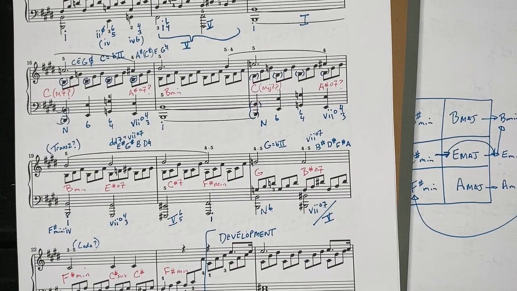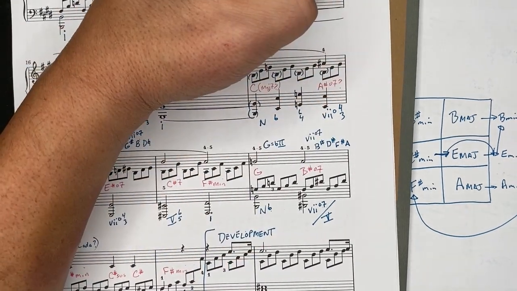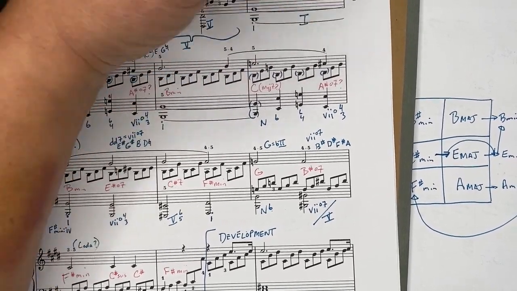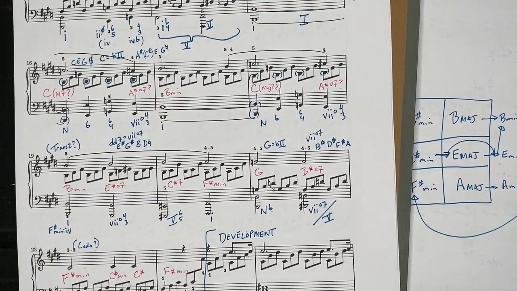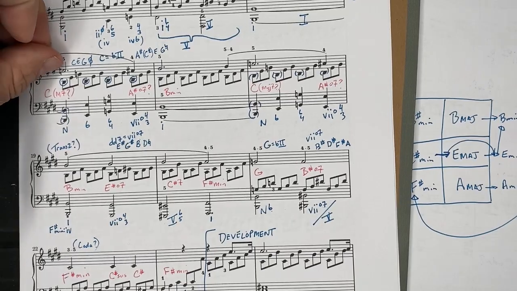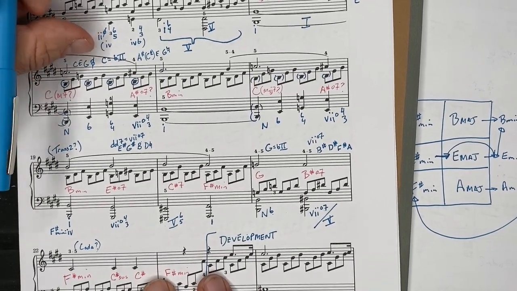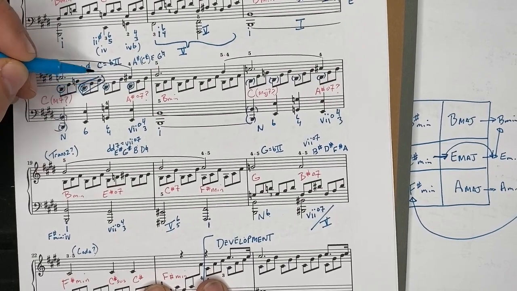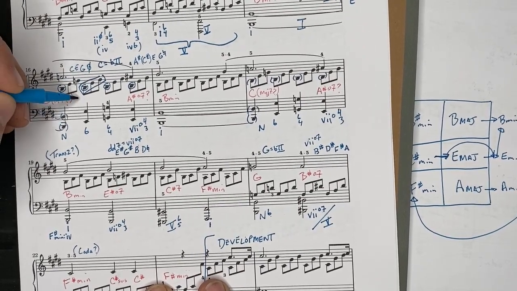B major can then be the 5 of E, right? And if you take away this C right here and this A sharp right here, and you just don't worry about that B, that is an E minor chord right there.